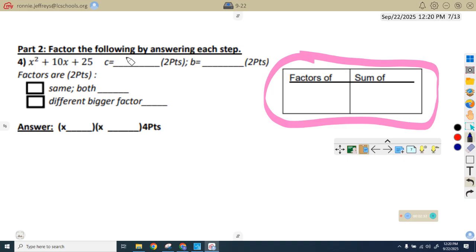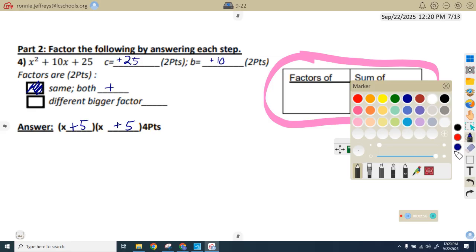Our C right here is 25. Our B right here is 10. They're going to be the same, both positive. The two numbers that when we multiply them, we get 25, but when we add them, we get 10, are 5 and 5.